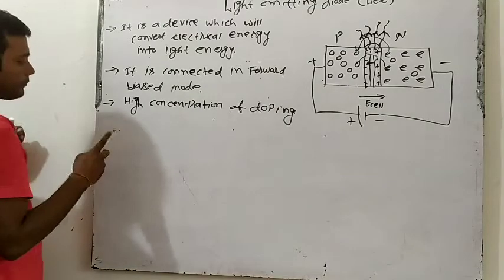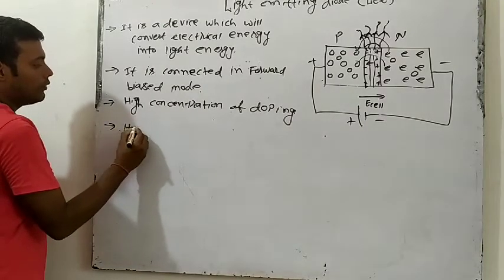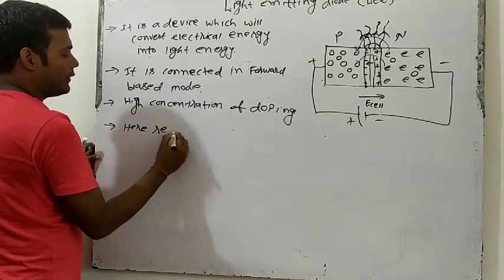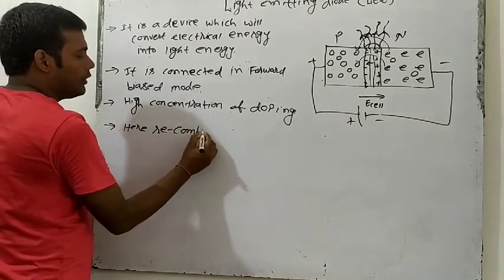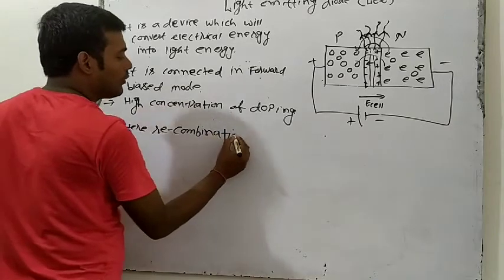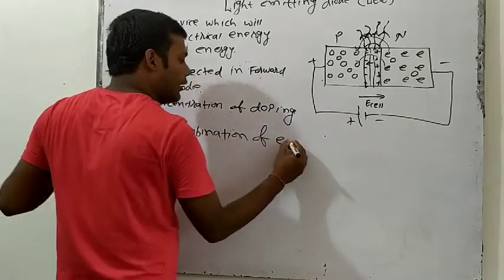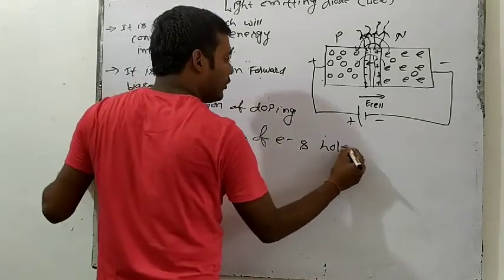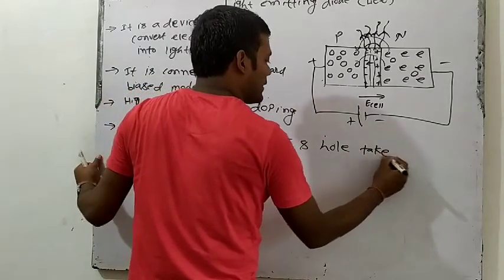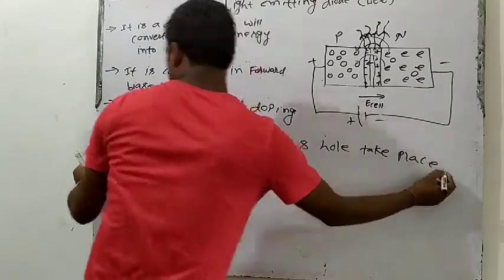Here recombination of electron and hole take place. What will happen?